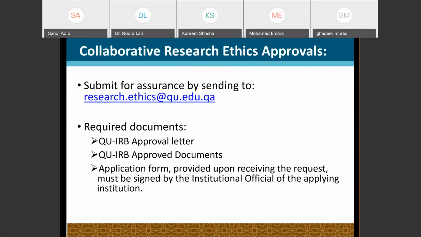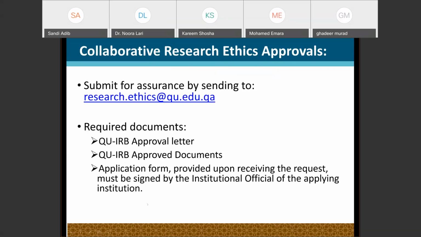But for any collaborator, especially the foreign ones, if they don't get the assurance of the Ministry of Public Health, they cannot conduct any research activity related to this project. So please, once you obtain your QU IRB approval letter and the approved documents, kindly contact us at research.ethics@qu.edu.qa.